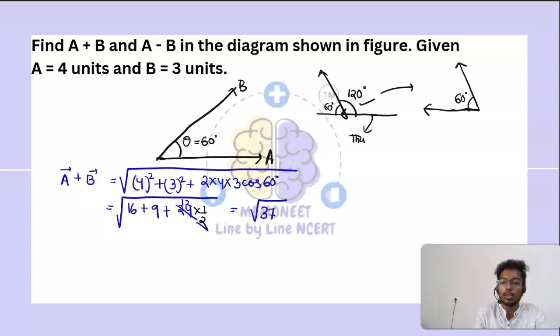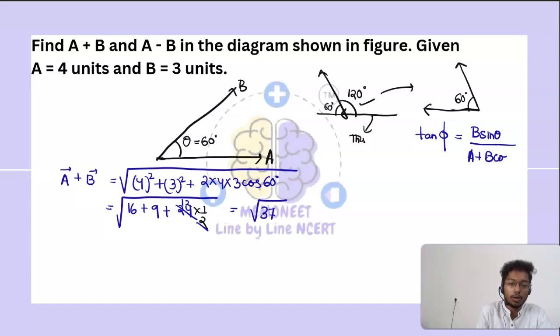Okay. So this is the sum of the two vectors. And what will be the angle here? We know that tan phi, let's say the angle with the resultant, is equal to b sine theta upon a plus b cos theta.